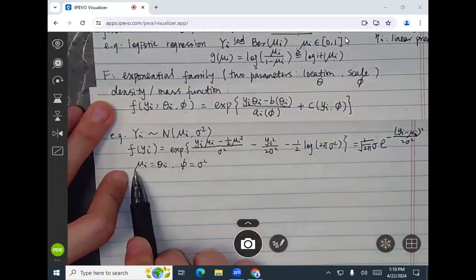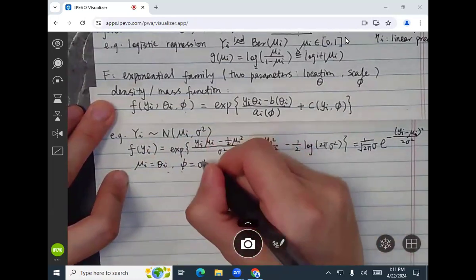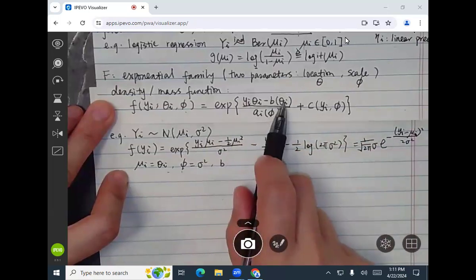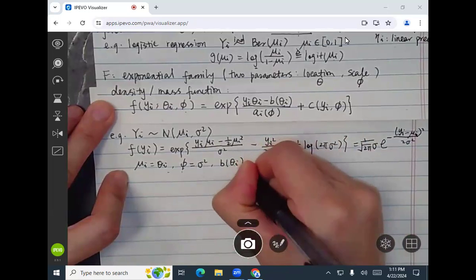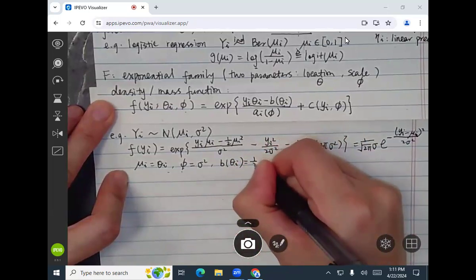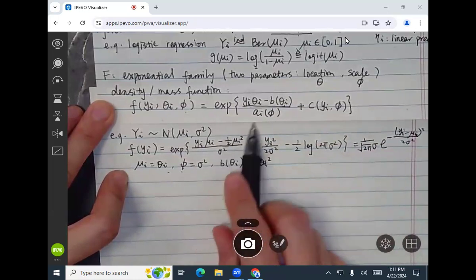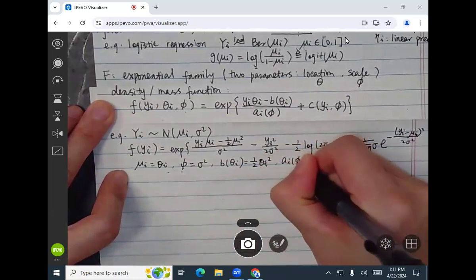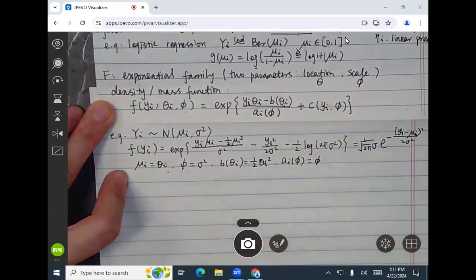So the location is the mean, the scale is the variance, and correspondingly, the b function applied to theta i is just 1/2 theta i squared. So we see the form of the b function by matching them, and a_i of phi is just the identity function, just itself.